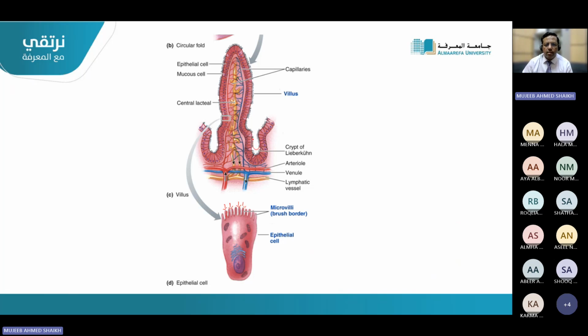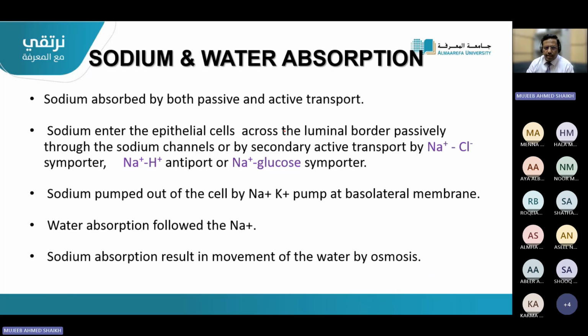This area is known as the crypt of Lieberkühn, and the baby cells are present here. The older cells are present here. And the center core of the villus contains the capillary network, plus the yellow color is the central lacteals, lymphatics.